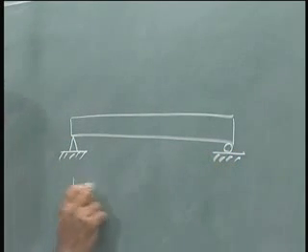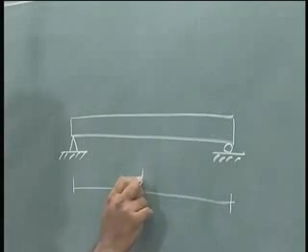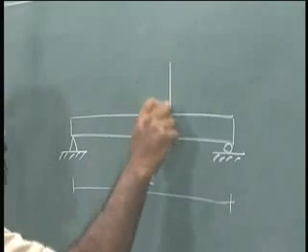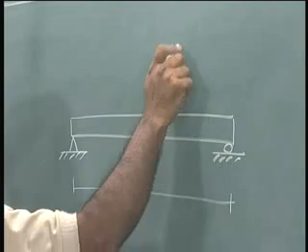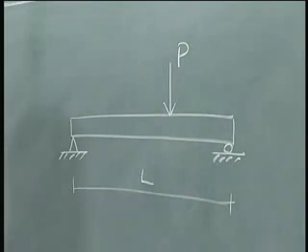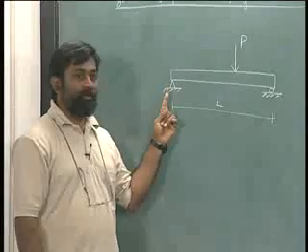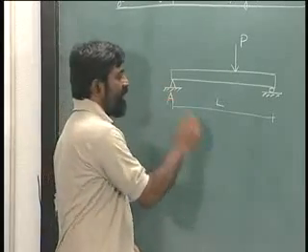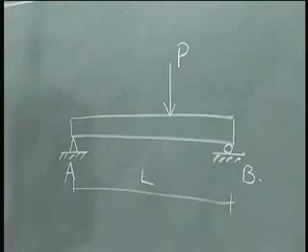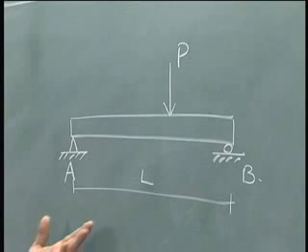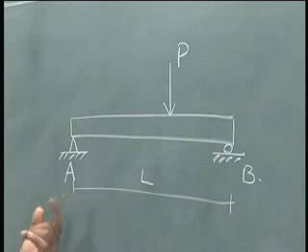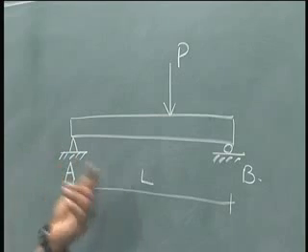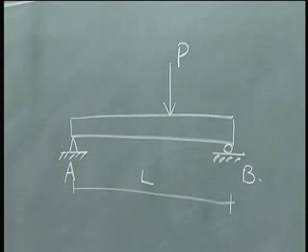Let us say this length is L. There is a force acting on this, let us call this P. The aim is to find out the reactions at A and at B, okay. We will use the system of equations that we get from the equilibrium equations to solve this problem.